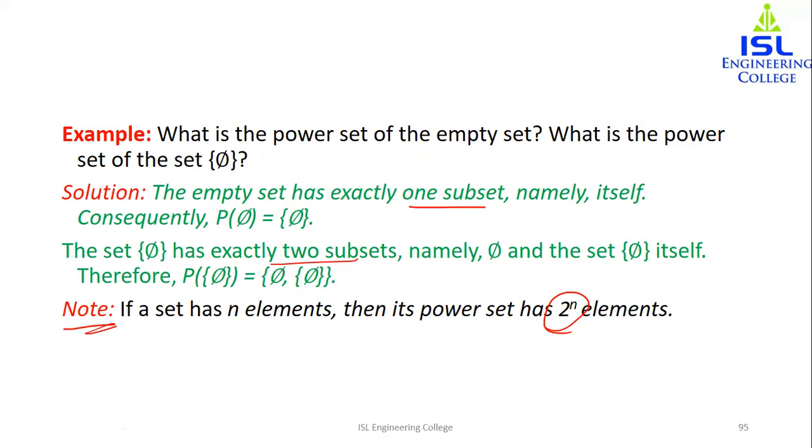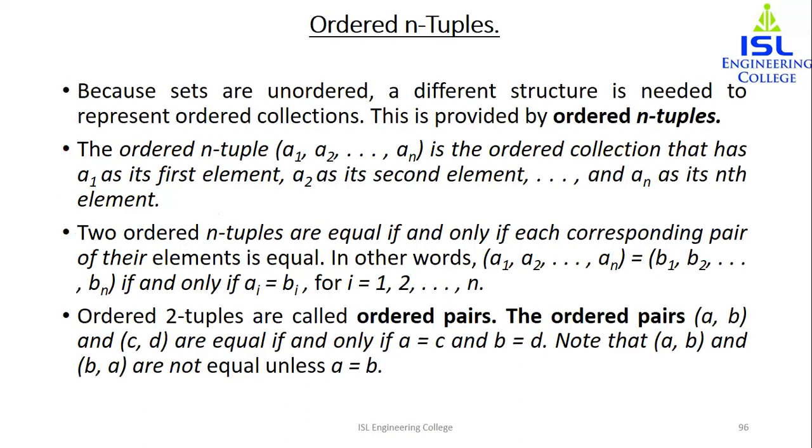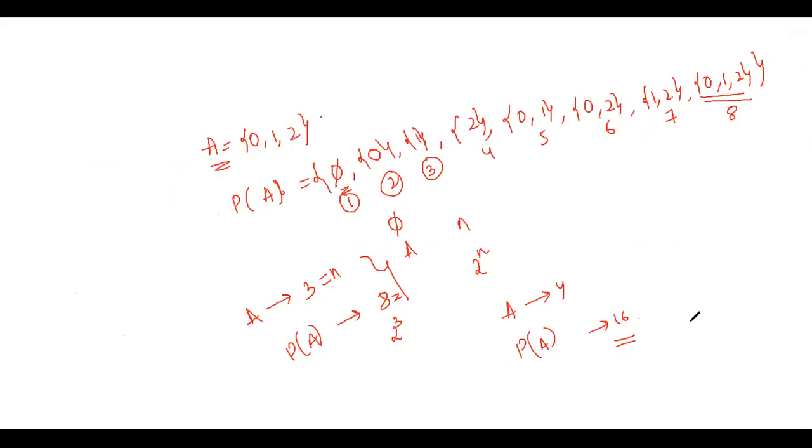Now, we have to study something which is known as tuples. What do you mean by tuples? Because sets are unordered, the important property to be remembered always is sets are unordered, and we need a different structure.